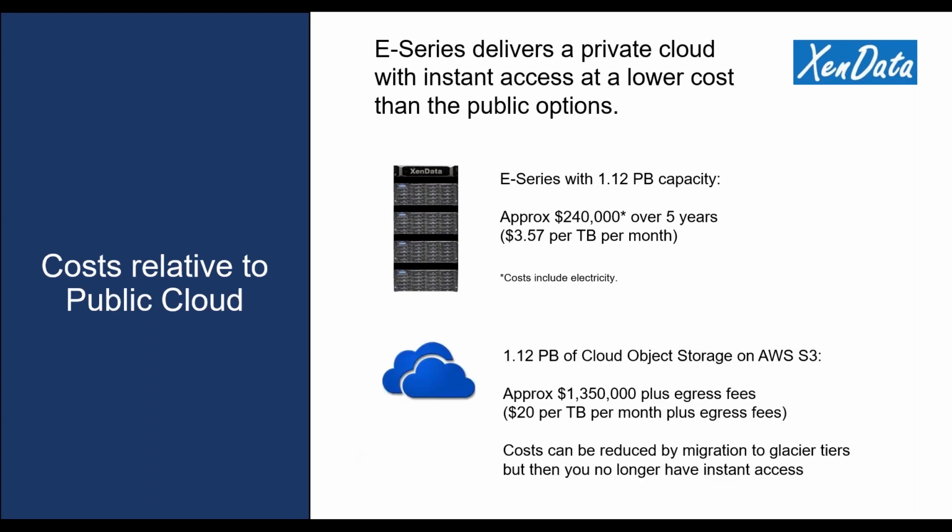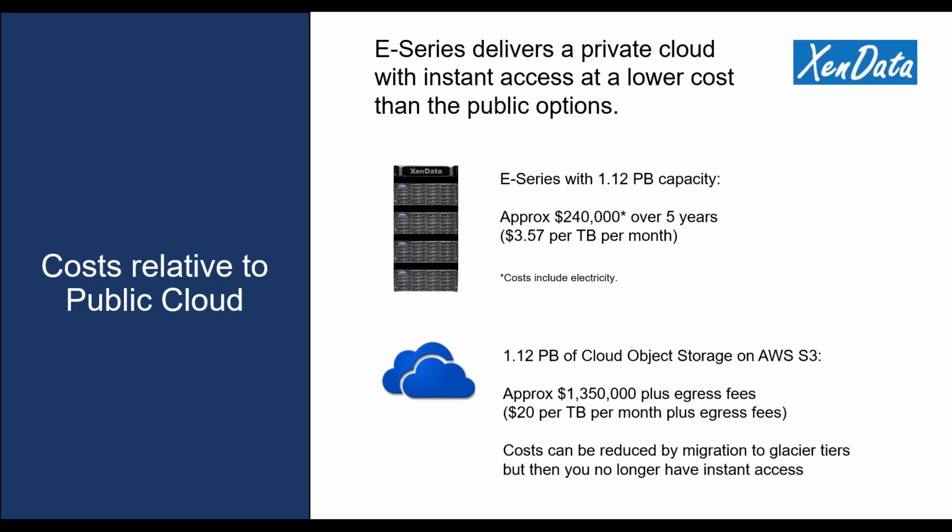And the other comparison that I want to do is to compare with public cloud. So this is a comparison with AWS S3. AWS has got lots of tiers, as I'm sure most people know. But to be fair, I'm comparing with S3. If I were to be comparing with Glacier, I shouldn't be comparing with E-series.